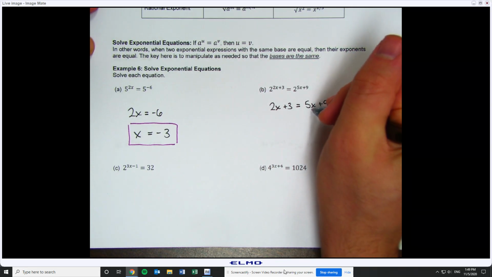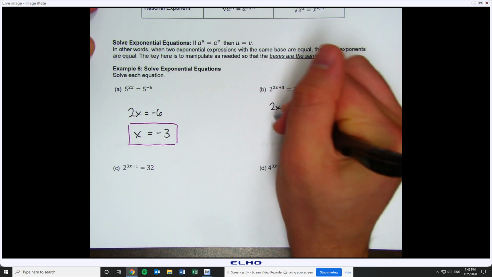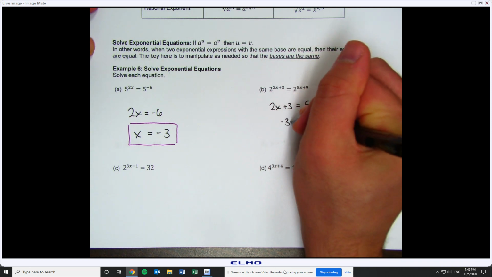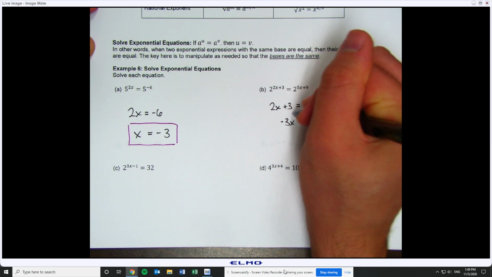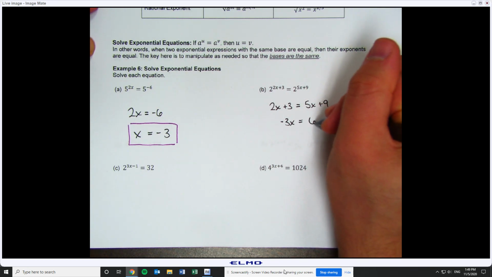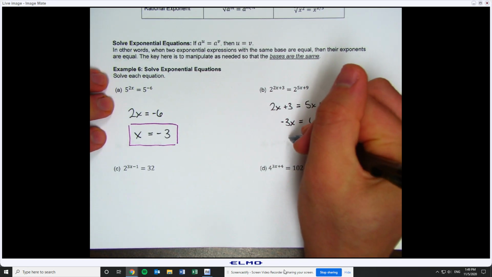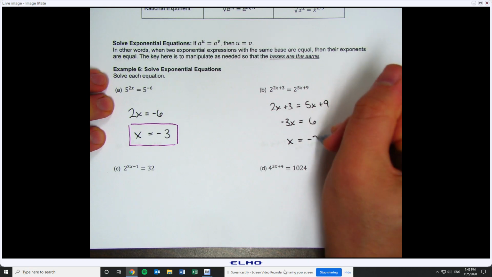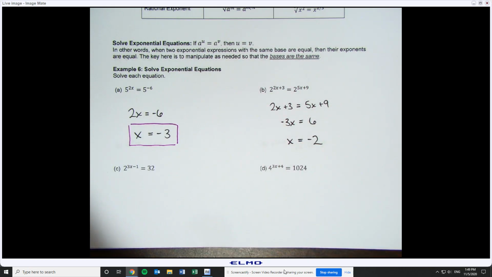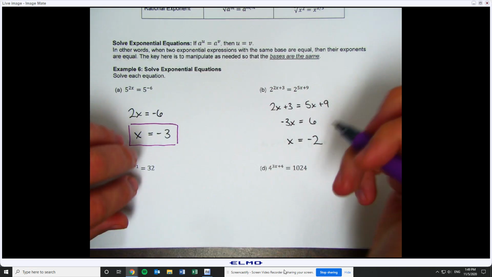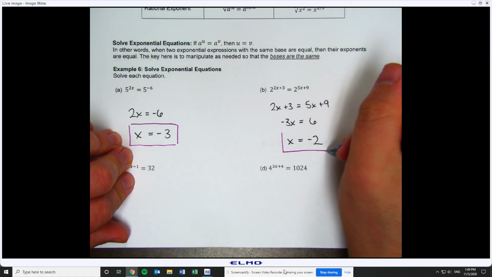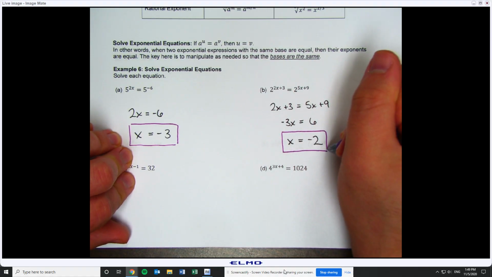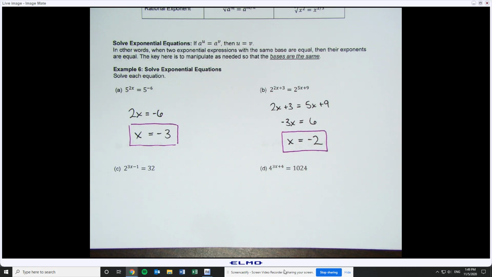Well, solving this, I can subtract the 5x over, that gives me negative 3x. I can subtract the 3 over, that's going to give me 6. Divide by the negative 3, and I get x equals negative 2. And we're done. So the bases are the same, set the exponents equal to each other and solve.